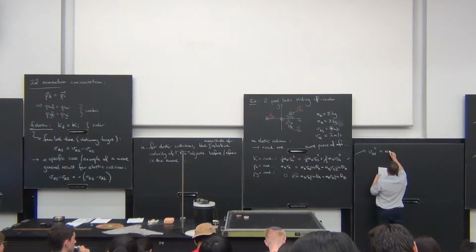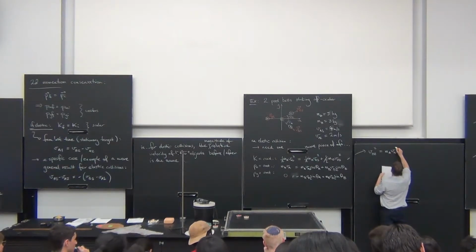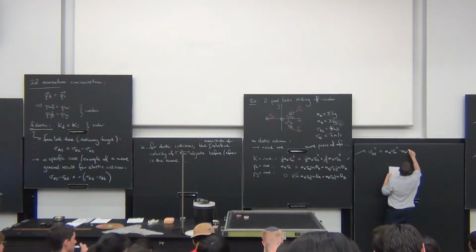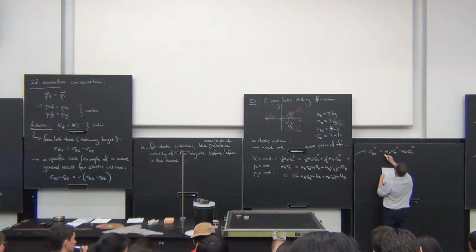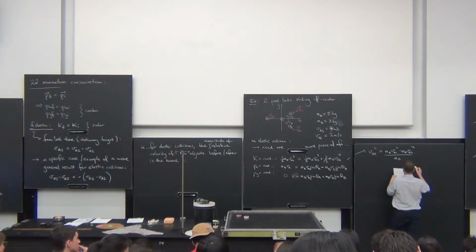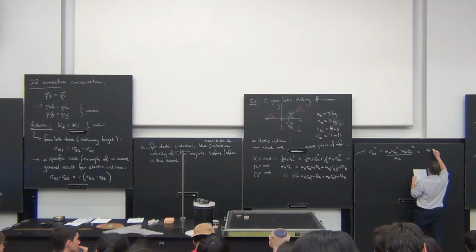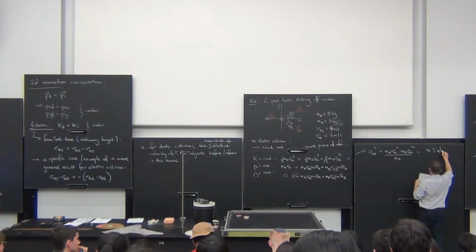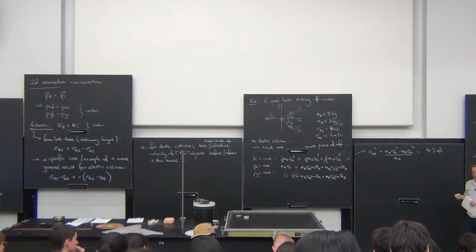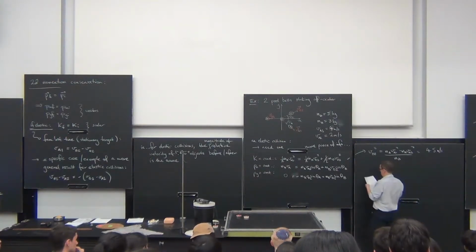Square of that is MAVA1 squared minus MAVA2 squared over MV. We know all of these things, so it's plug and chug, and it turns out that this is 4.5 meters per second. Okay, so that comes right out from our kinetic energy conservation.